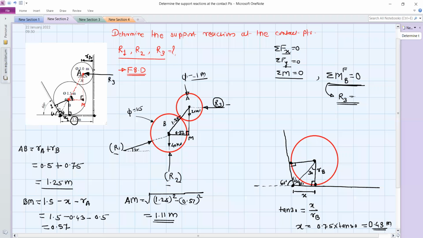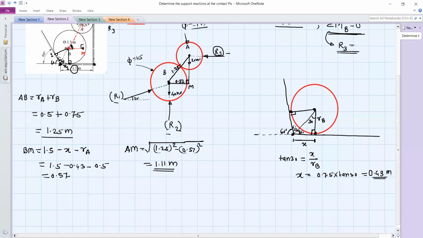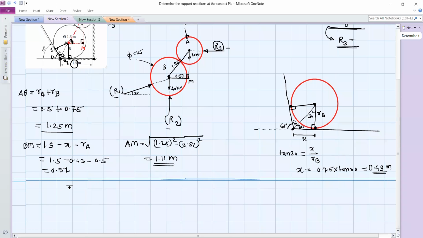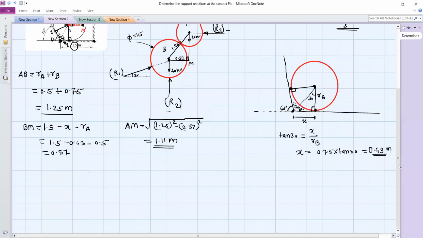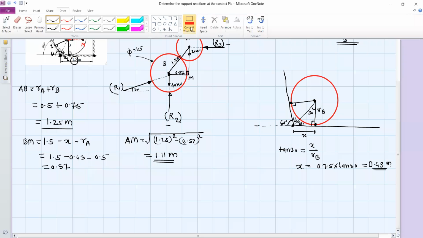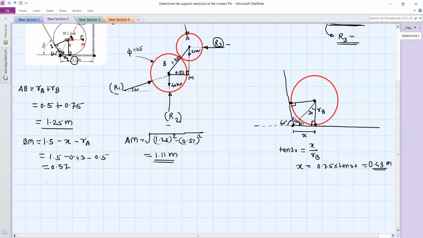So use summation of moment by all the forces about the point B is equal to 0.